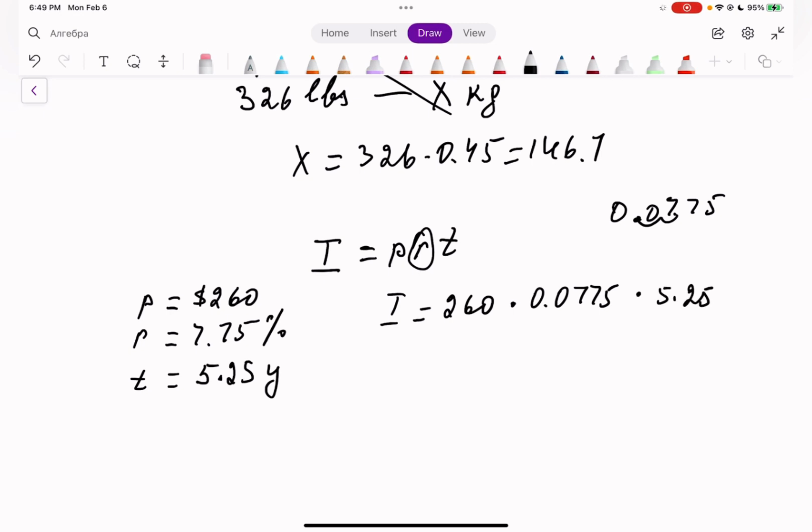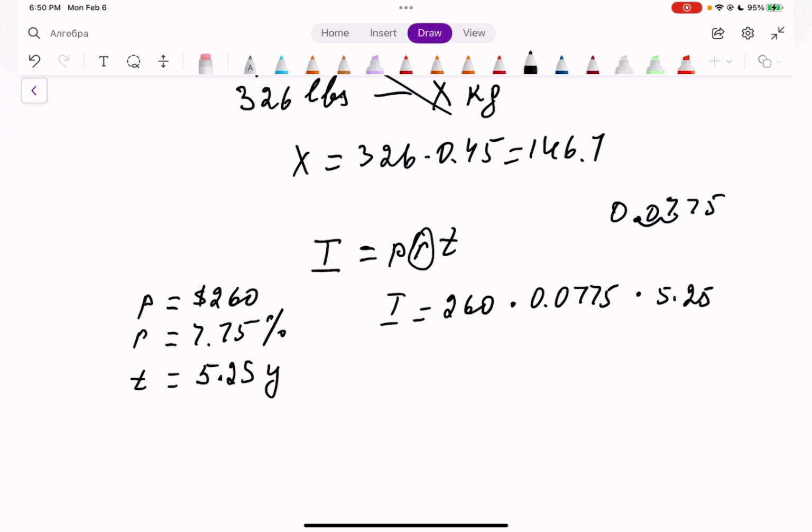Well, let's see how much we are getting. 260 times 0.0775, and then times 5.25. Oh, messed up.